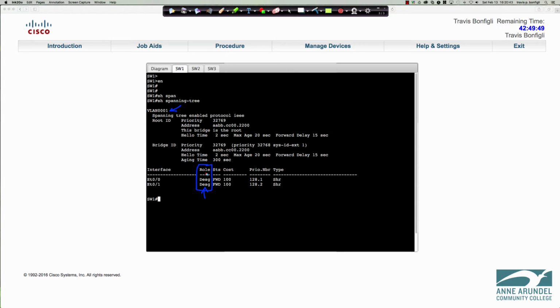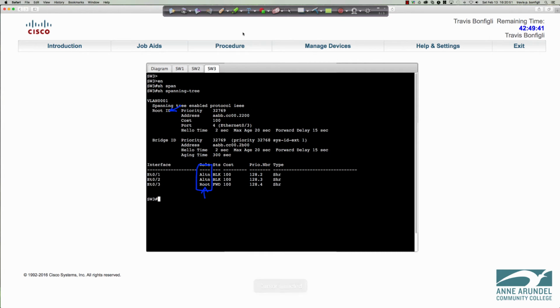If I go over to switch 3, you can see that we've got alternate ports, and we also have a root port, because that root port is the closest port, and when we say closest, we mean the lowest cost to the root bridge.